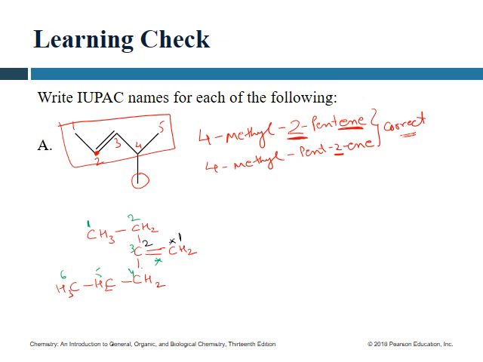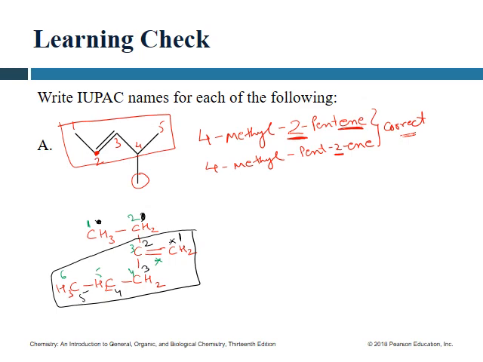If I go up, 3, 4, but I can see easily that if I go down I can get more than 5, so I'm not going up. So this should be our parent chain, not the one that I did with the green pen, because in that one we are not including the double bond, but we have to.